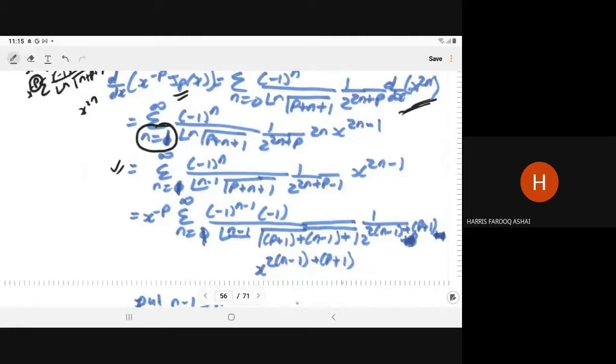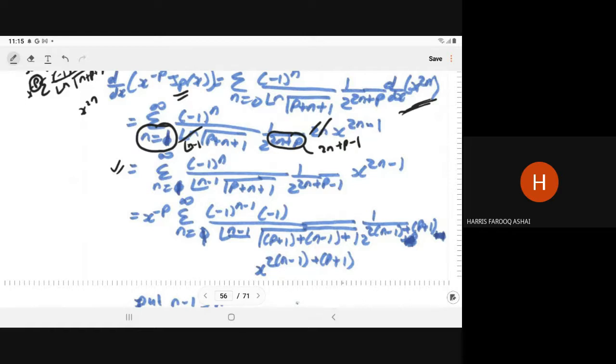So summation n equal to 1 to infinity, minus 1 to power n. Now when we cancel this n with this, we have factorial of n minus 1. When we cancel this 2, we have 2n plus p minus 1. So in the lower line we have summation minus 1 to power n, factorial of n minus 1, gamma of p plus n plus 1, 1 upon 2 to power 2n plus p minus 1.